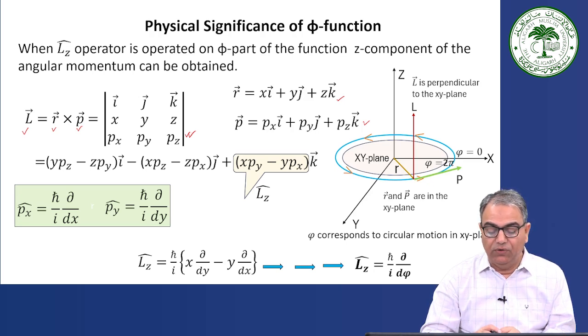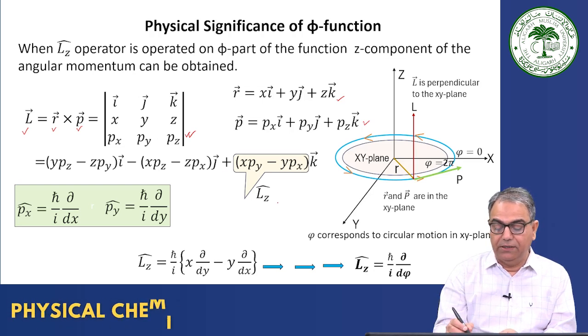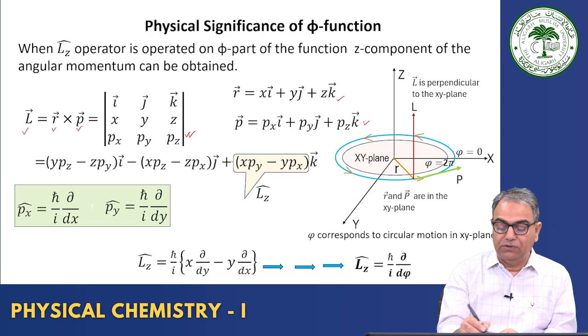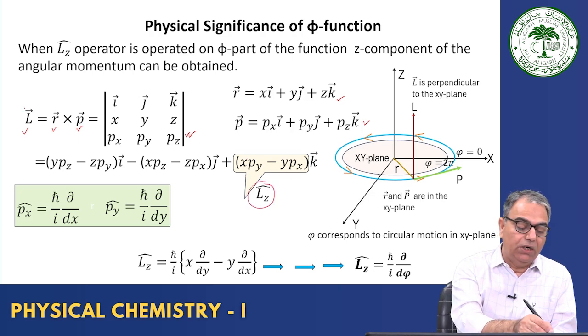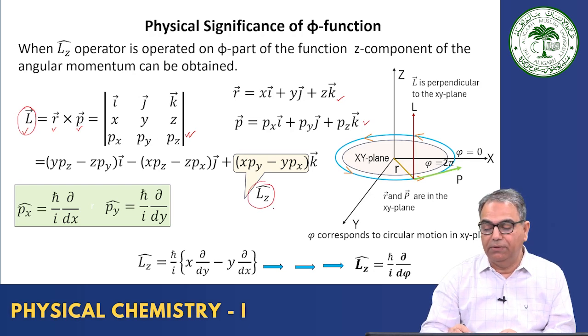So if you use this particular matrix, then you can write (y pz minus z py) into i, and (z px minus x pz) into j, and then (x py minus y px) into k. This is your Lz component of the total orbital angular momentum, the z component of the orbital angular momentum.